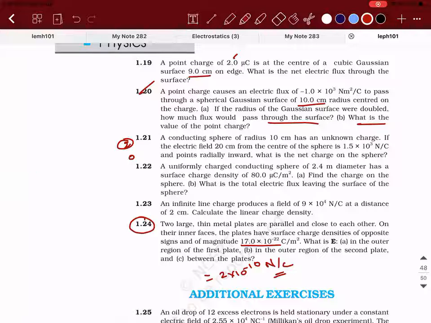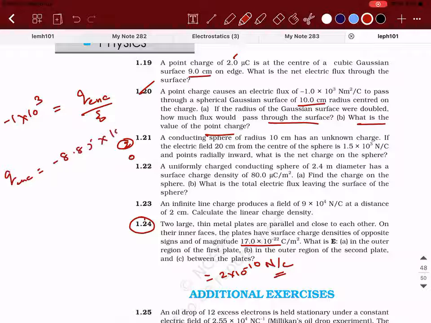So -1 into 10 power 3 Newton meter square per coulomb is equal to charge enclosed divided by epsilon naught. They ask what is the value of the point charge, so magnitude is enough. For the safer side in the exam, you can write that it is a negative charge. Q enclosed is equal to -8.85 into 10 power minus 12 into 10 power 3. So these many coulombs is going to be the answer.